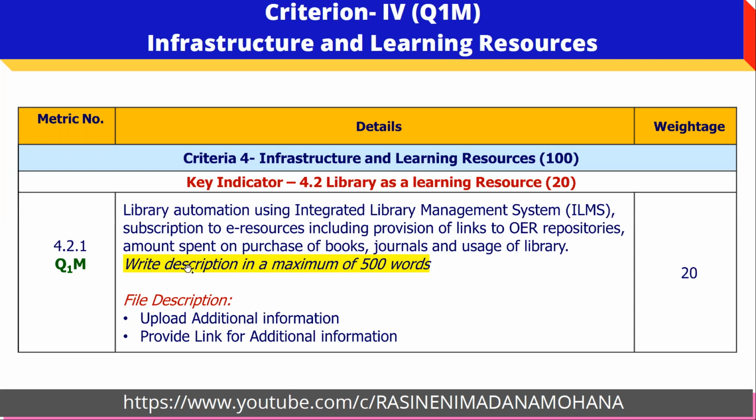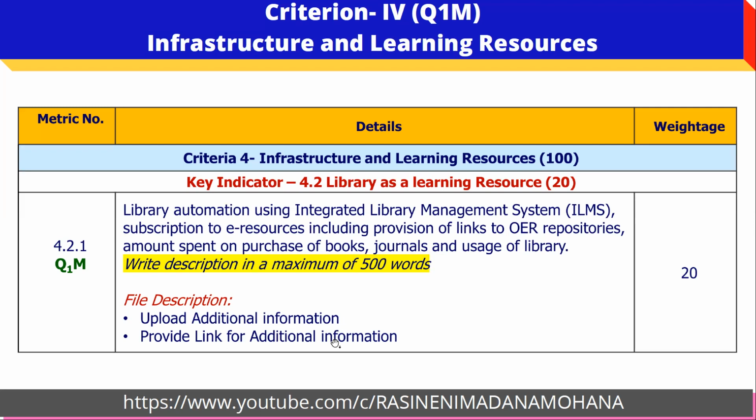Then the supporting documents with ILMS related screenshots, then e-resources screenshots, then budget spent, so the bills and invoices of purchase of books and journals, then the usage of library by the students and faculty, all these related proofs need to be uploaded under file description, upload additional information.